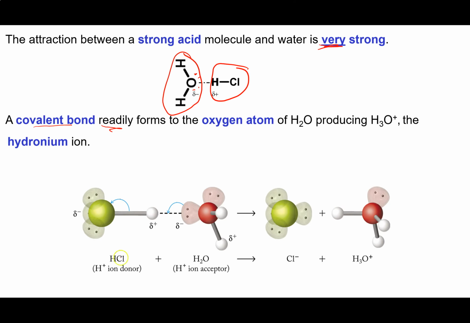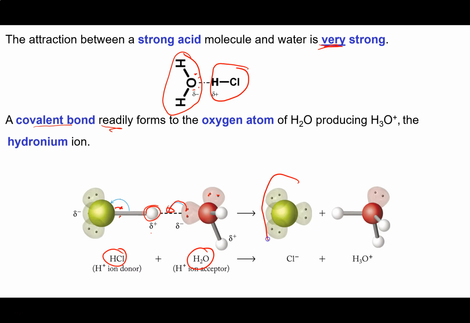So what happens, here's my HCl molecule approaching my H2O molecule. The HCl molecule is going to come in with its positive end first towards the negative end of the water molecule, which we know has 2 lone pairs on it. And so what's going to happen, these lone pairs become shared with the hydrogen atom, and the shared electrons, which were much closer to the chlorine than they were to the hydrogen, just move in even closer to the chlorine, and that bond breaks.